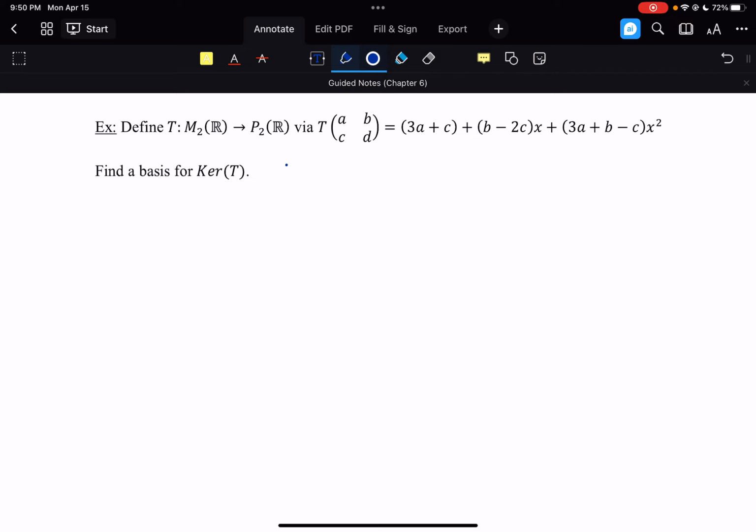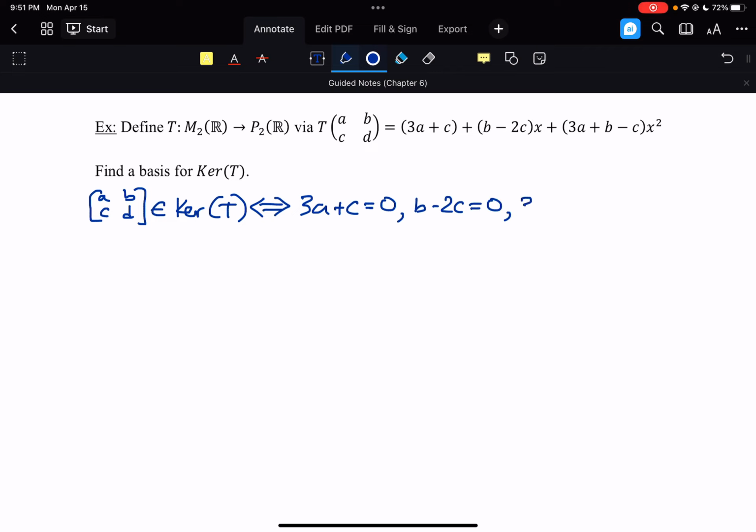So we know that a matrix ABCD is in the kernel of T, again, if and only if it transforms to 0. So if all of these become 0, so 3a plus c is 0, b minus 2c is 0, and 3a plus b minus c is 0.